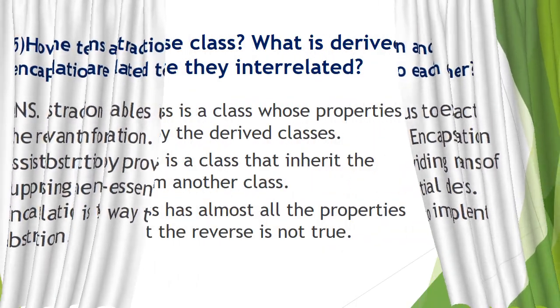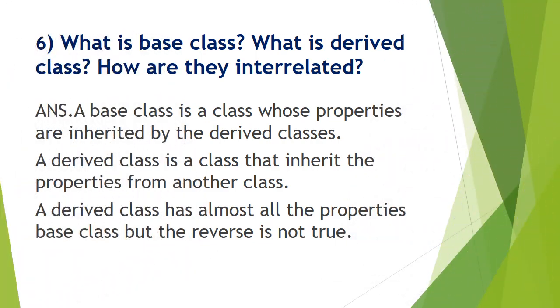Now the next question, what is a base class, what is a derived class, and how are they interrelated? A base class and a derived class are both related to the concept of inheritance. A base class is a class whose properties are inherited by the derived class, and a derived class is a class that inherits the properties from another class.